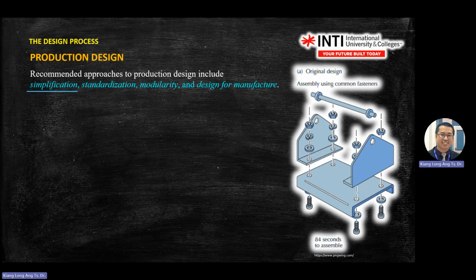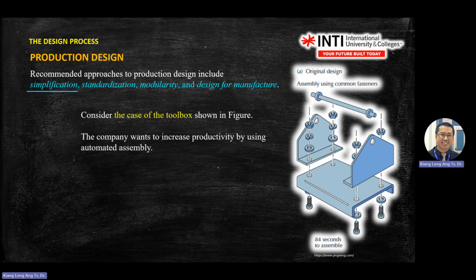Okay, simplification. So let's say you have this original design, and you want to make a container. This container consists of all these screws, all these parts, right? So you want to design a toolbox.